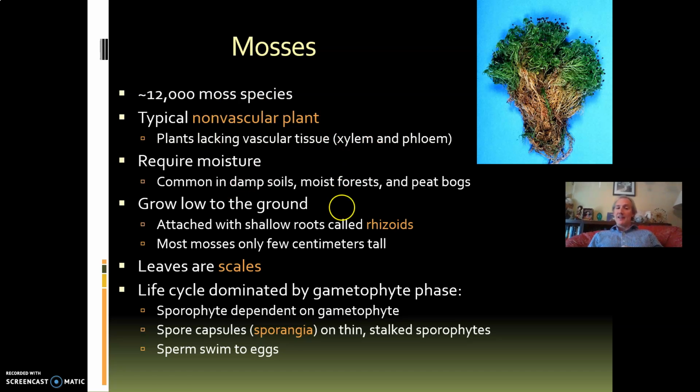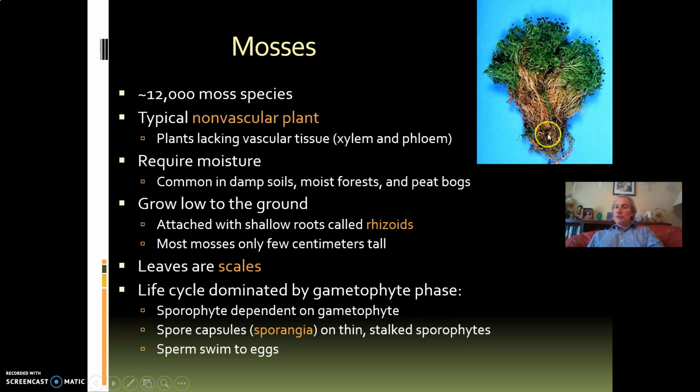So typically the habitats we see them are in shady areas or in the lower, shadier parts of forests that are moist, or by streams or ponds or lakes, or in bogs, swampy environments where it's inherently moist all the time. They can't survive by and large in dry areas. They just don't have the anatomy to survive that. They're small plants, and they don't have true roots because they don't have wood. There's no lignin.